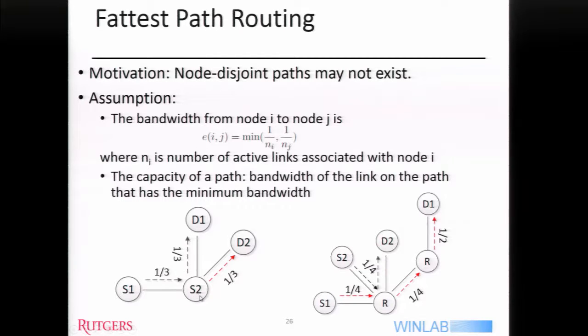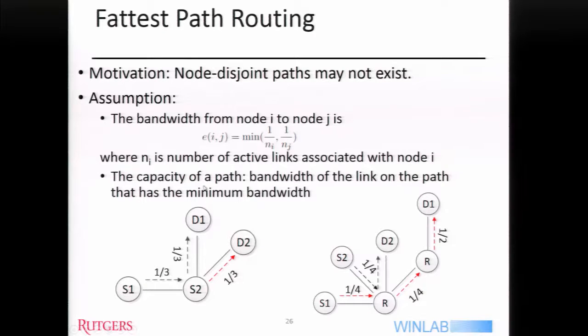Because we use our enhanced directional MAC and round robin scheduling, the bandwidth of a link is determined by how many active links are associated with the node. For example, if there are 3 active links associated with this node, everyone gets 1/3 of the bandwidth. In this scenario, this will become the bottleneck of the network because there are 4 active flows, so each flow can only get 1/4 of the bandwidth.